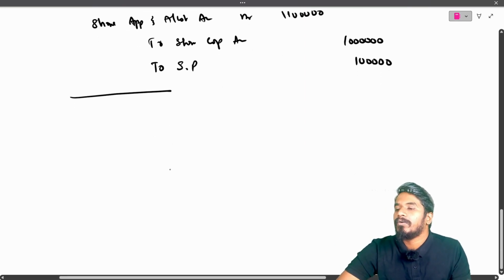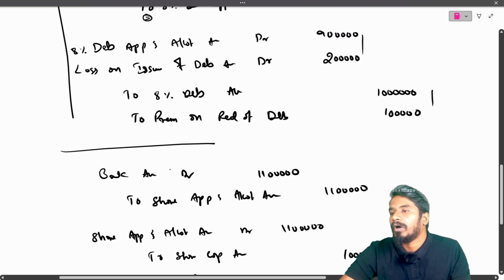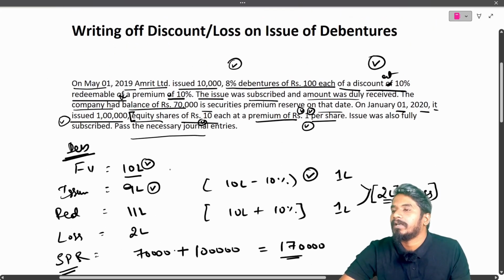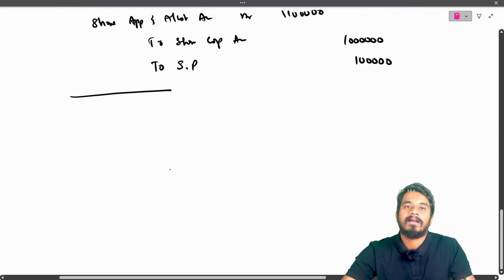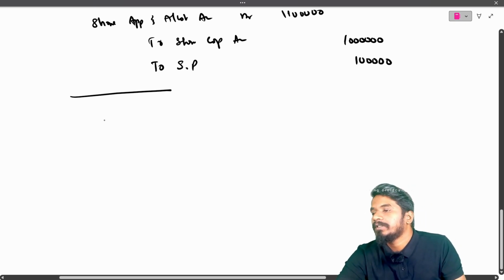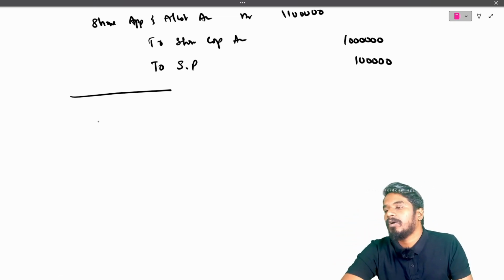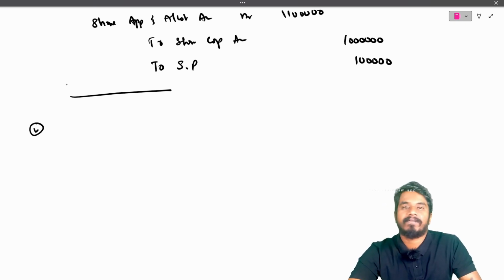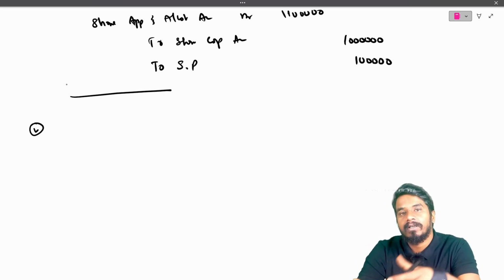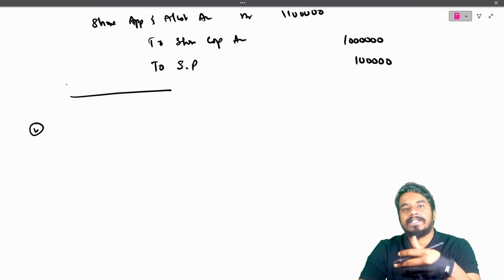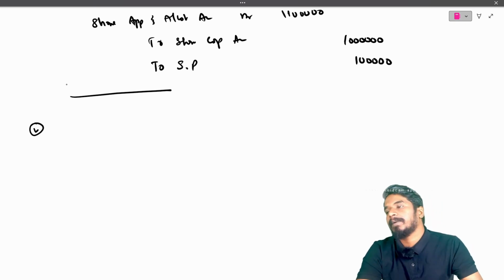Correct. Now we have to show the journal entries for write off. So that is the main part of this question. So from where will we cover the loss? Obviously, first thing we will cover from security premium account. If not sufficient, we will charge it to P&L account. Right.